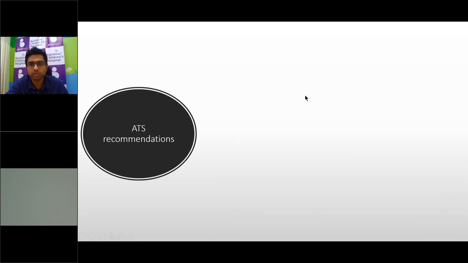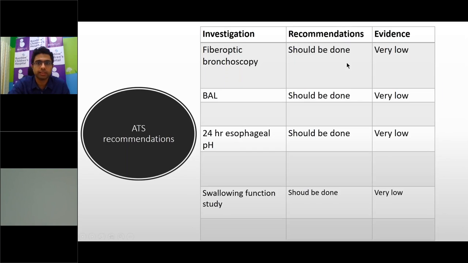The American Thoracic Society recommendations, though having low evidence, are that when you have ruled out your trigger, comorbidities and other factors, you will always consider a fiber optic bronchoscopy, including a bronchoalveolar lavage. You also do a 24-hour esophageal pH and a swallowing study if indicated.